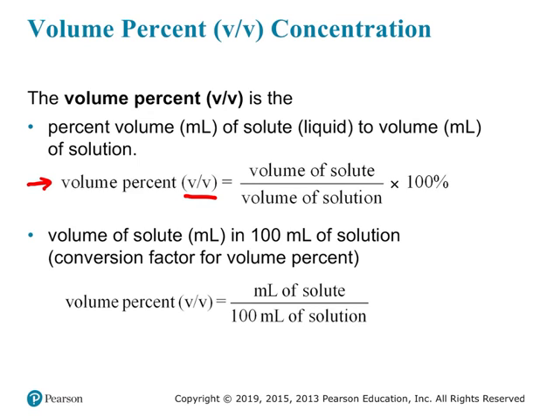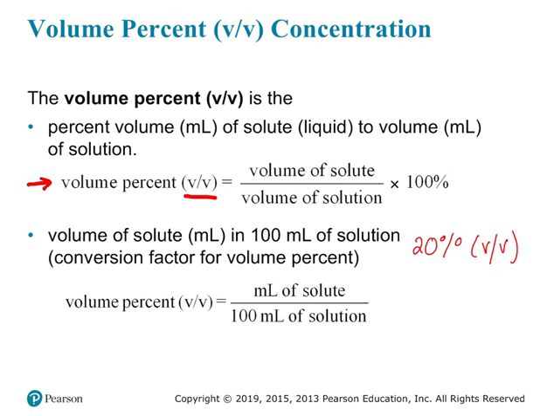Now, this is very similar to a mass percent as well, in that we can express this as a ratio. So let's say we're told we have a 20% volume concentration. We could write that as a fraction.